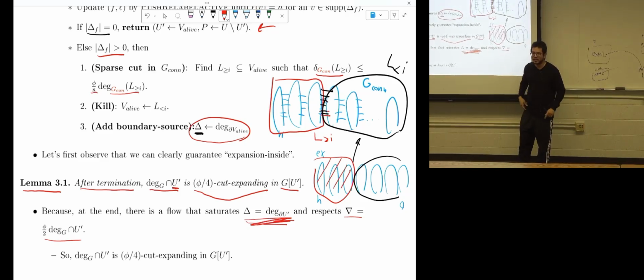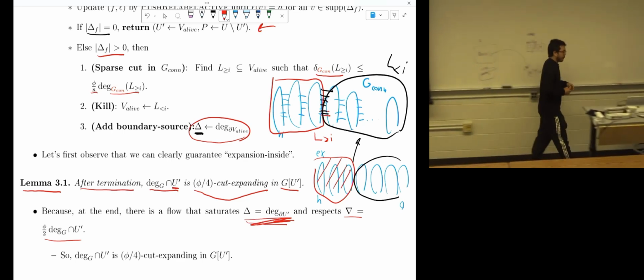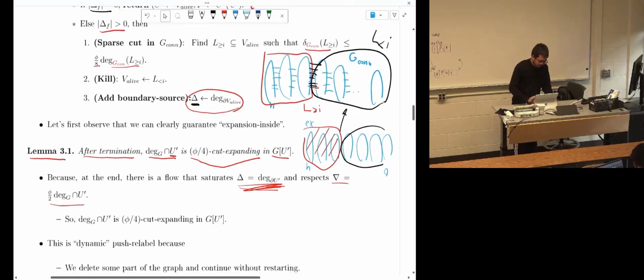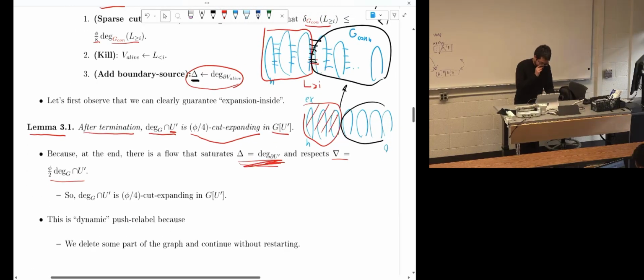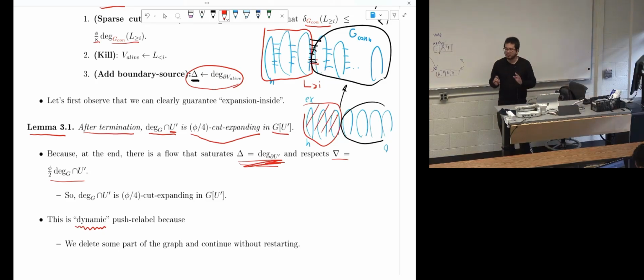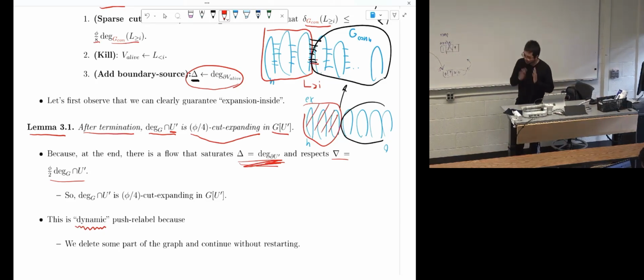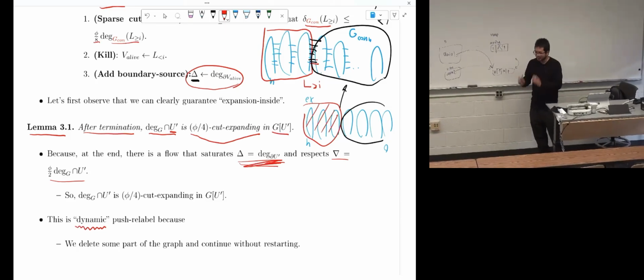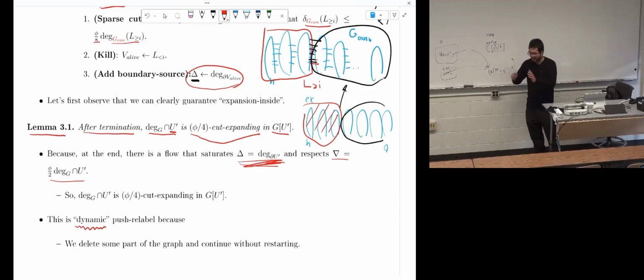That's the question. But I hope you see the dynamicity of this algorithm. The point is you kill something and continue using the tight edge structure on the alive part.